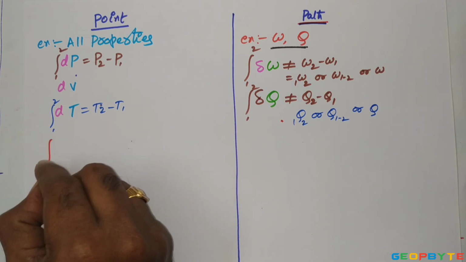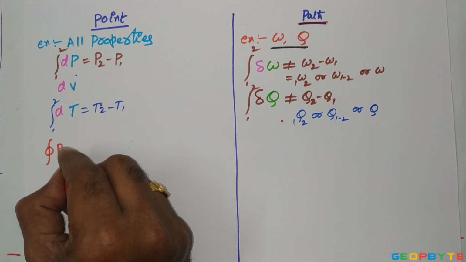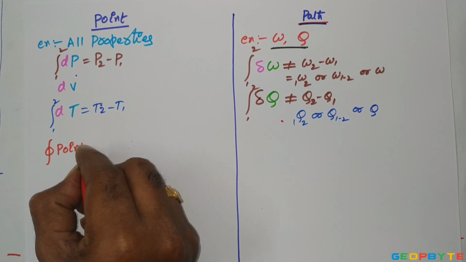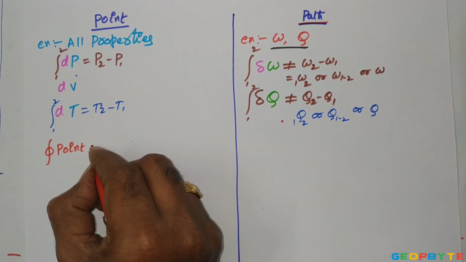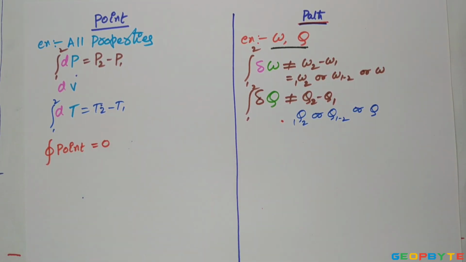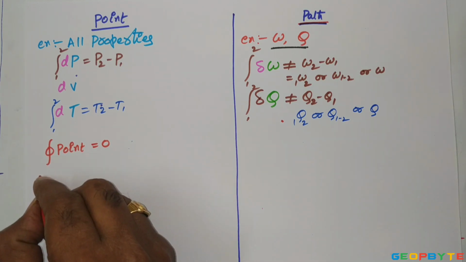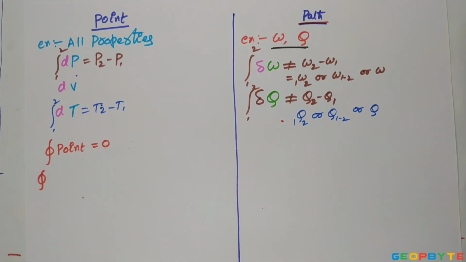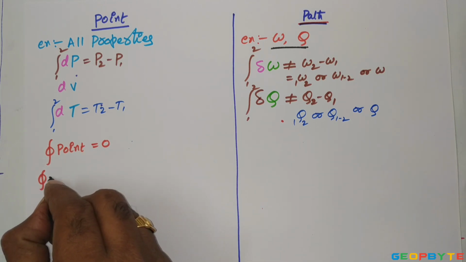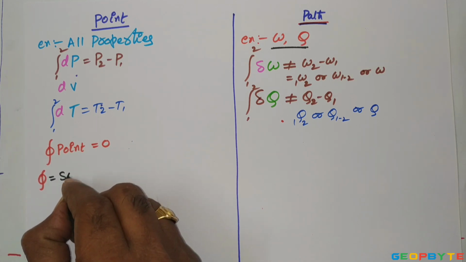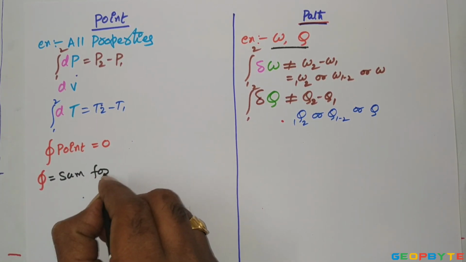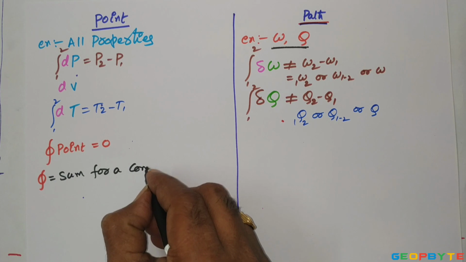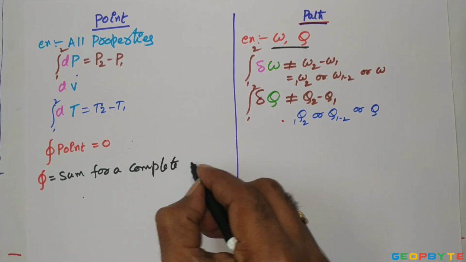One more difference is the cyclic integral of any point function quantity. Cyclic integral of any point function quantity is equal to 0. Remember, the cyclic integral symbol is used only for a thermodynamic cycle. It represents the sum for a complete cycle.